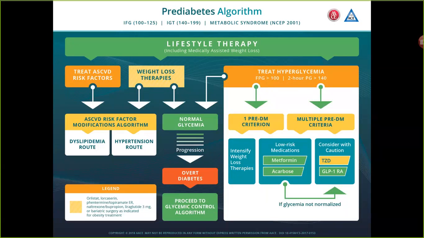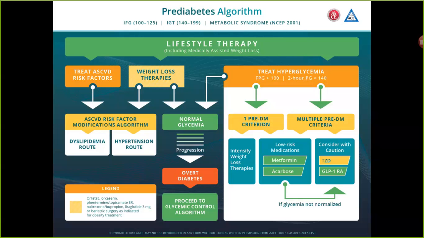Those are the people that fit prediabetes. Again, as you can see, the first thing on the algorithm is lifestyle therapy. And then it goes from there, and it is based on what other risk factors they might have, where their A1c is, that type of thing.